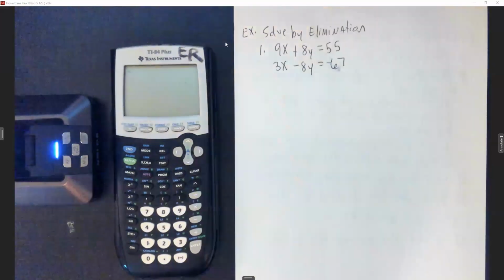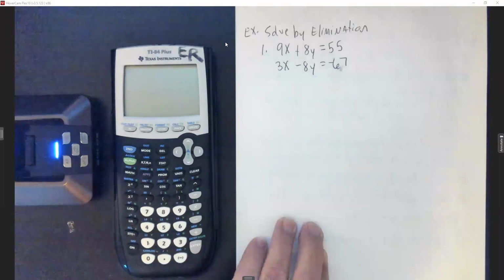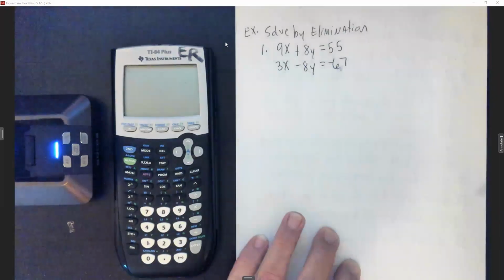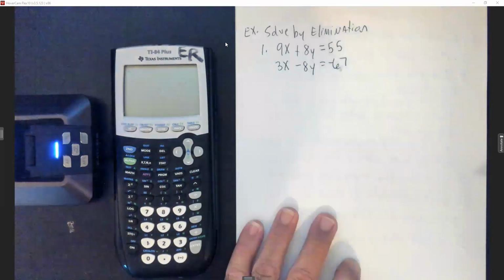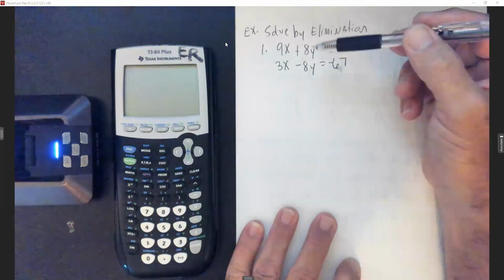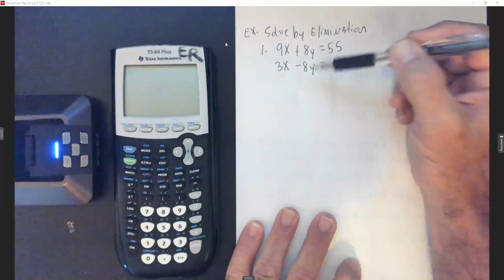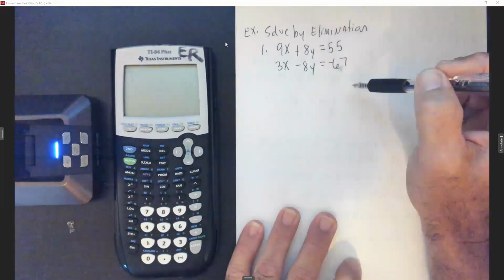So this is my system of equations. I got two equations with two variables. So the first thing we want to figure out is which variable we want to try to eliminate on this one. And if you notice, I've got an 8y and a negative 8y. When you add those together, the y's will cancel out.